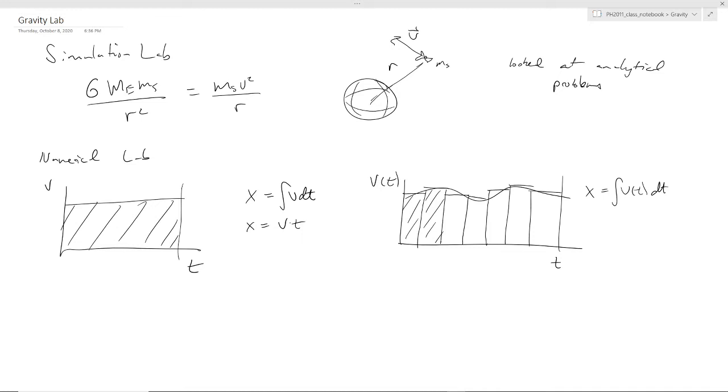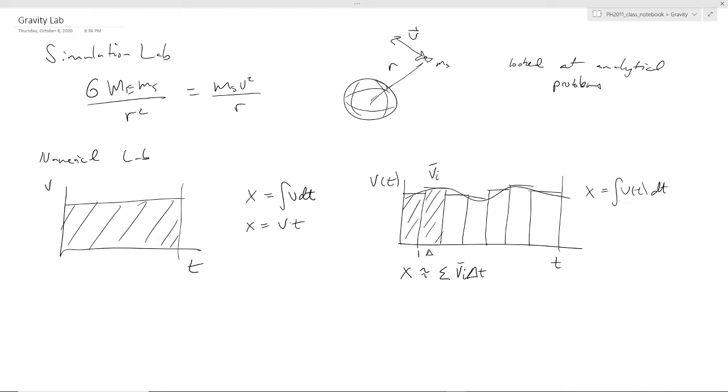And you can imagine that estimate would look something like a sum, where you would add up these little average velocity chunks. So suppose one of these is average velocity times some little step size in time.